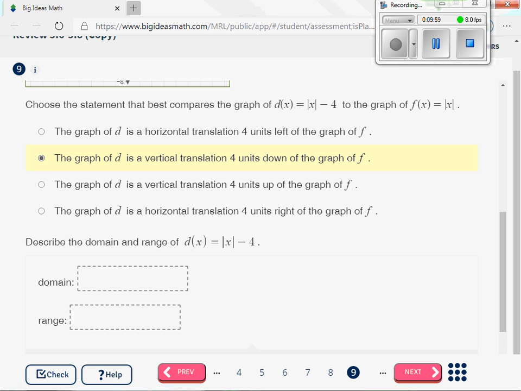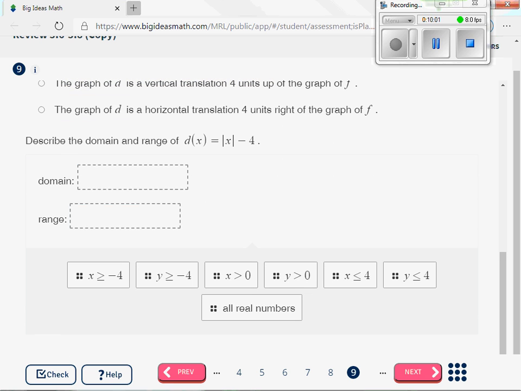Now we have the domain and range. Now the domain is always going to be all real numbers. Now, because the graph is going up, both sides are going up, it's going to be y is greater than or equal to the smallest y value, which for here works out to be -4.